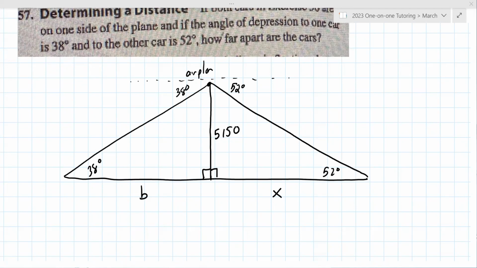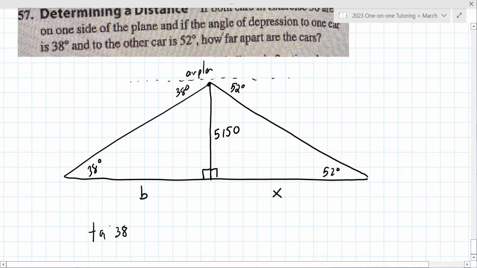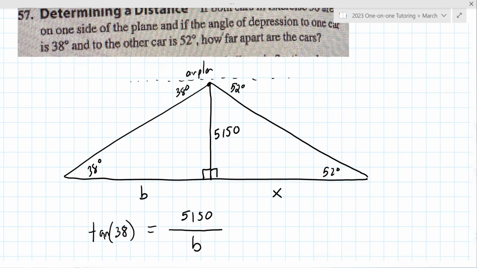I always get confused on how to set up. Is it going to be 5,150 multiplied by tangent 38? You write it as tangent 38 equals 5150 over B. And then from here you decide how you're going to solve it, which is to swap positions. So you're going to divide.